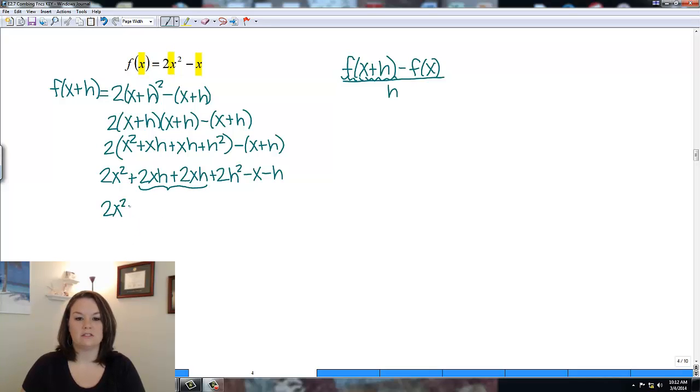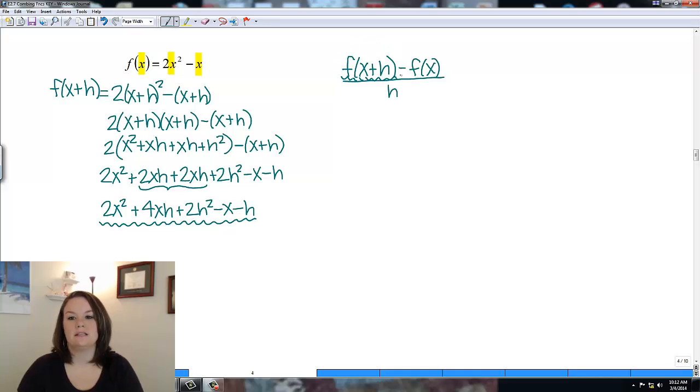So I have 2x squared plus 4xh plus 2h squared minus x minus h. So this answer that I just got here is just this first piece of my difference quotient. Okay, so I'm going to go ahead and plug that in. So I have 2x squared plus 4xh plus 2h squared minus x minus h.